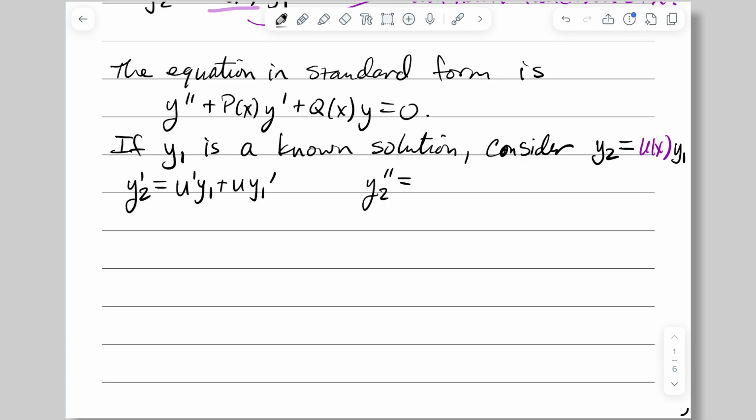For y2 double prime, we end up with u double prime y1. Some terms collect, and so we have 2u prime y1 prime plus u y1 double prime.